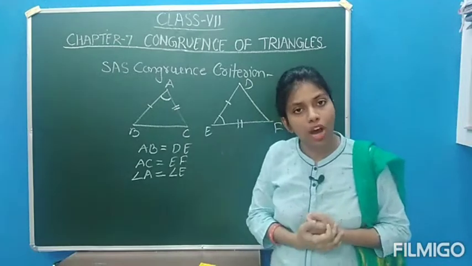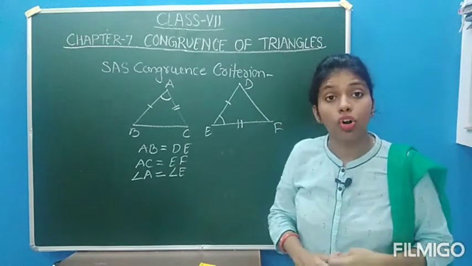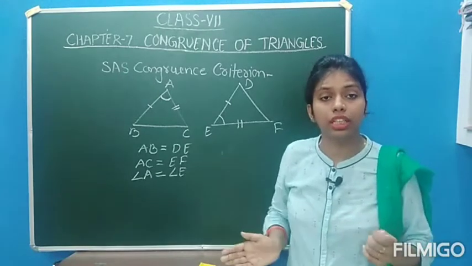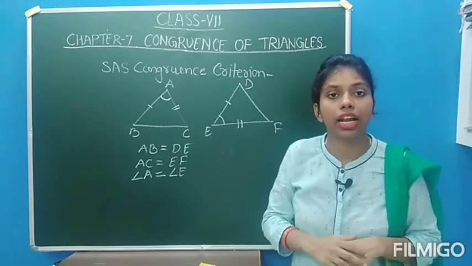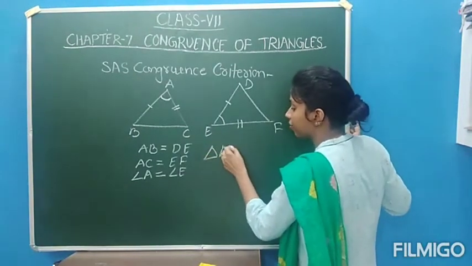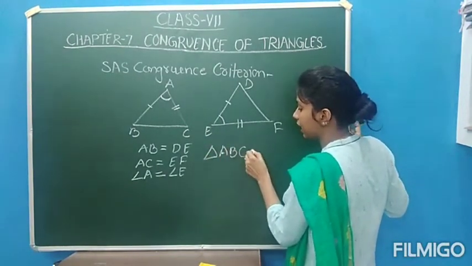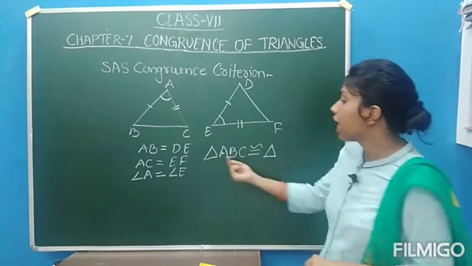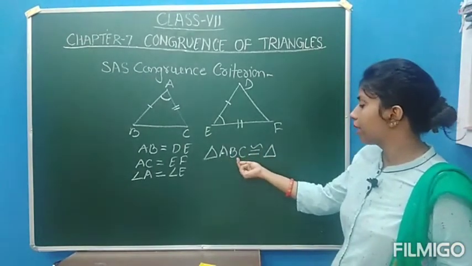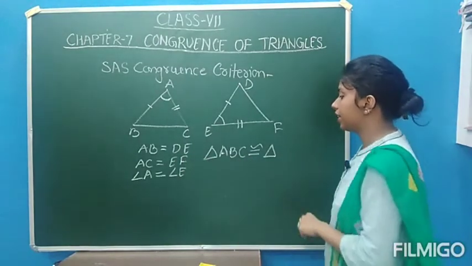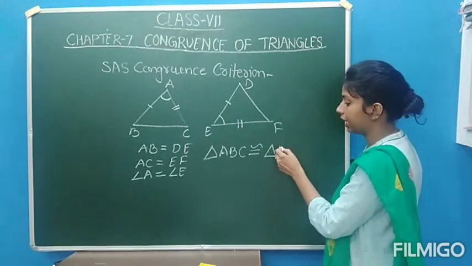So let's write. How are we going to write? We know that we always write the corresponding vertices with each other, not randomly. We can write triangle ABC is congruent to triangle. Side AB is equal to DE, so we have to write DE here.